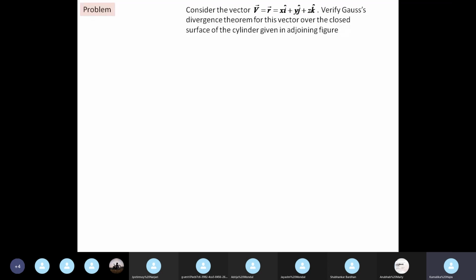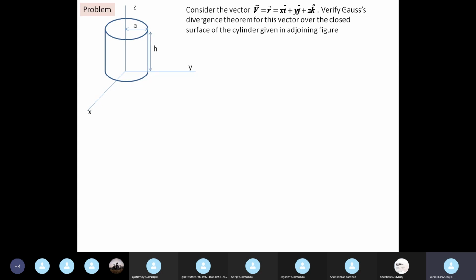I've taken the simplest possible vector r equal to x i cap plus y j cap plus z k cap, and verify Gauss's divergence theorem for this vector over the closed surface of a cylinder given in the adjoining figure. So this is a cylinder. I set up the coordinate axis. This is the radius of the cylinder and this is the height of the cylinder.